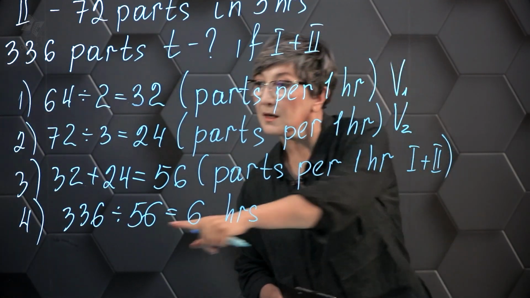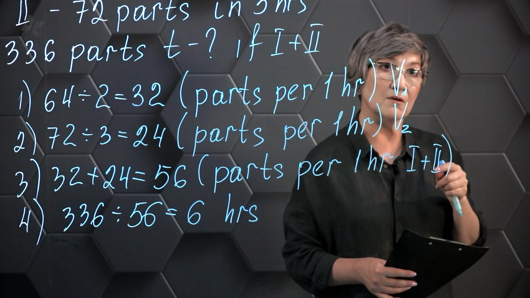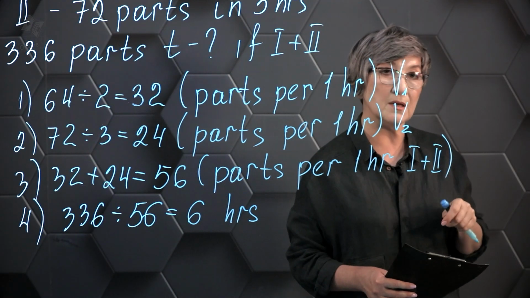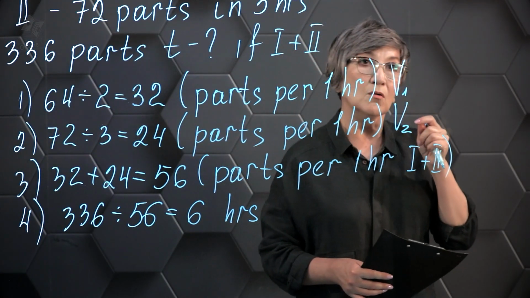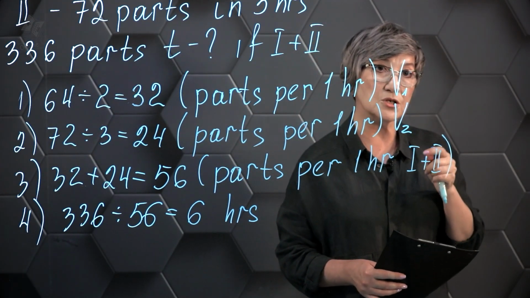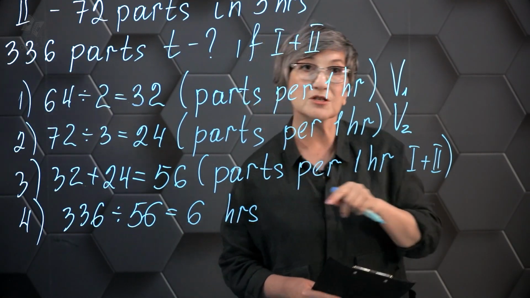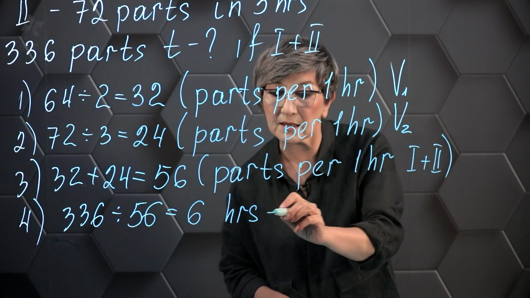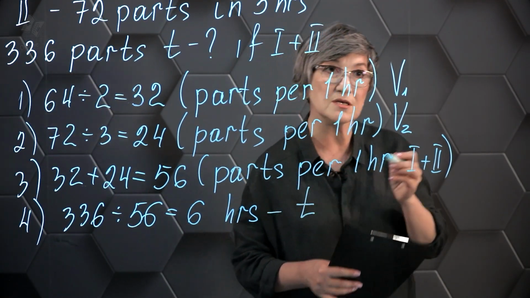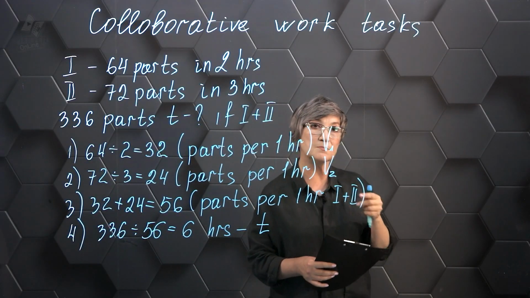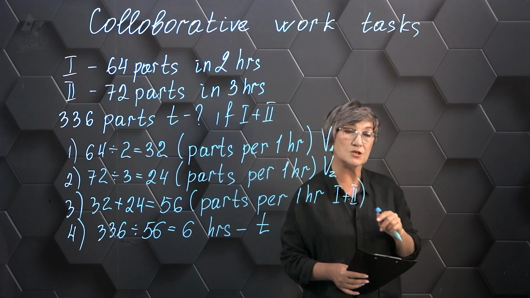But when we answered the question of how long it would take for both groups to produce 336 parts, we found the number of hours. And then I will denote this number of hours by T. As a result, we wrote down the following important designation.